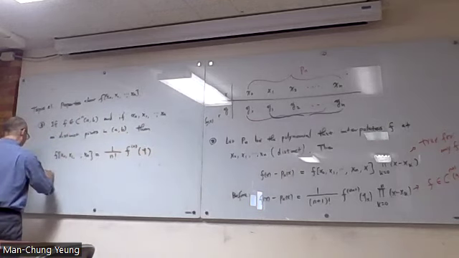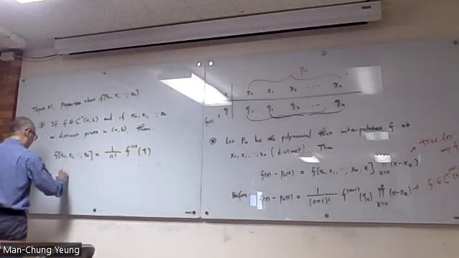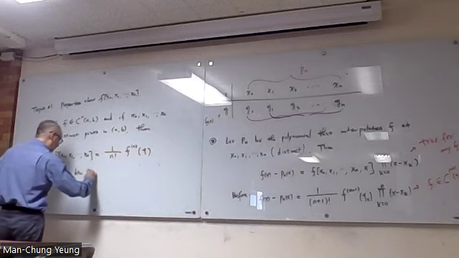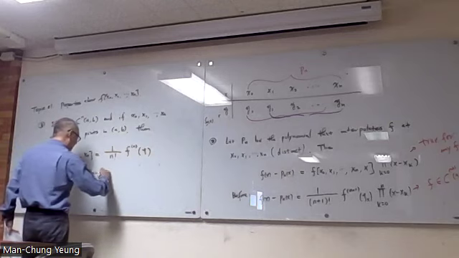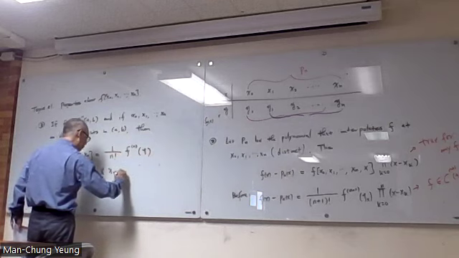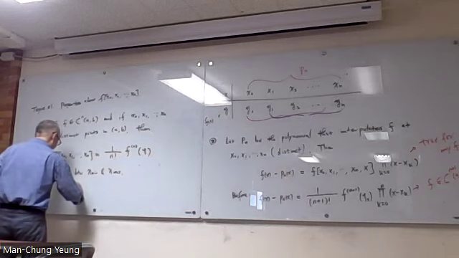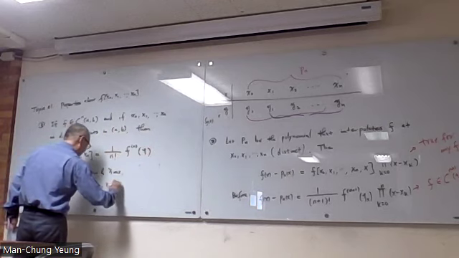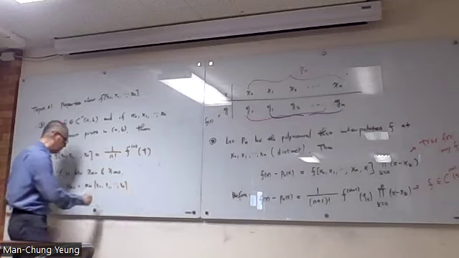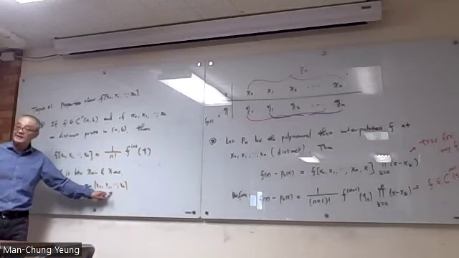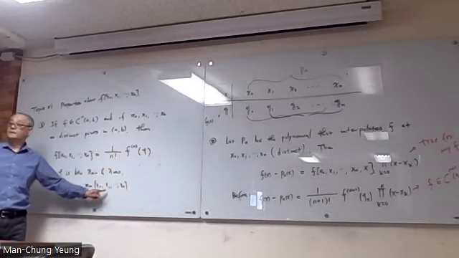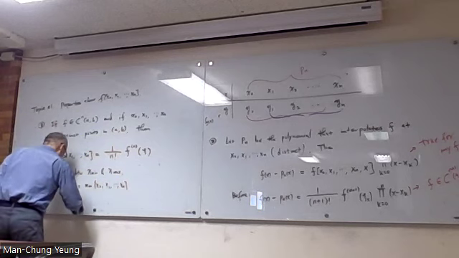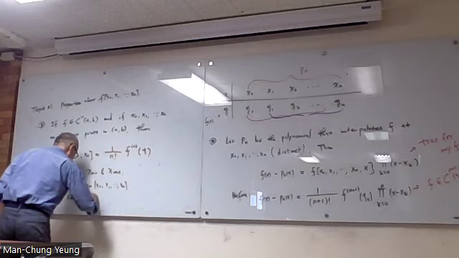Where is the point? Between x minimum and x maximum. What is x minimum? It is the smallest of x0, x1, ..., xn, and maximum is the largest.